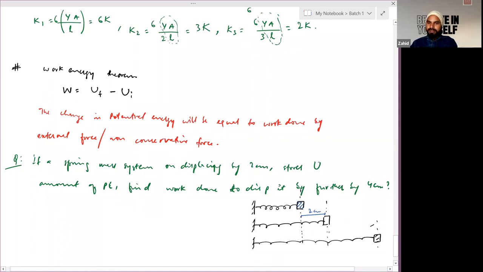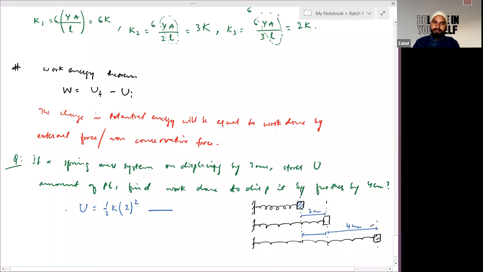In the second part, the further displacement from this point to this point is 4 centimeter, but we have to define it from the origin or mean position. So in total, it will be 6 centimeter.